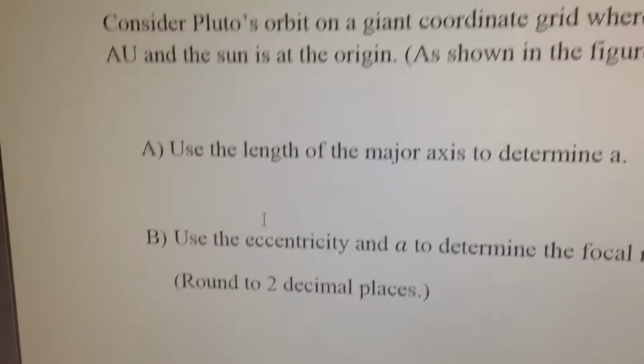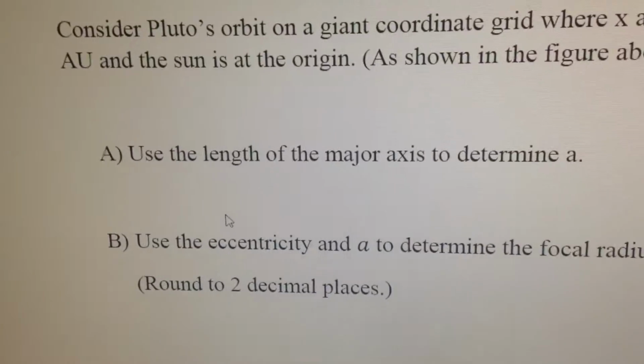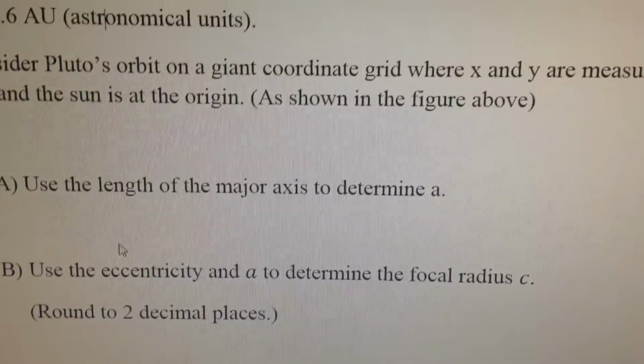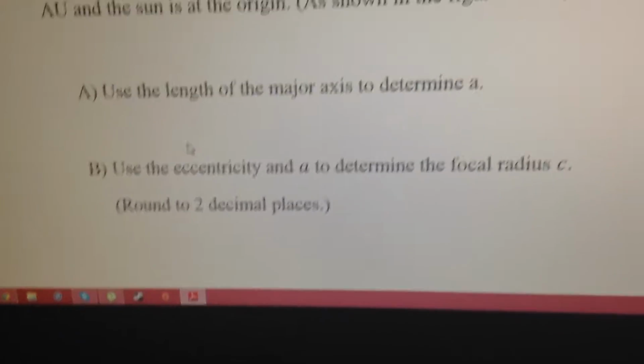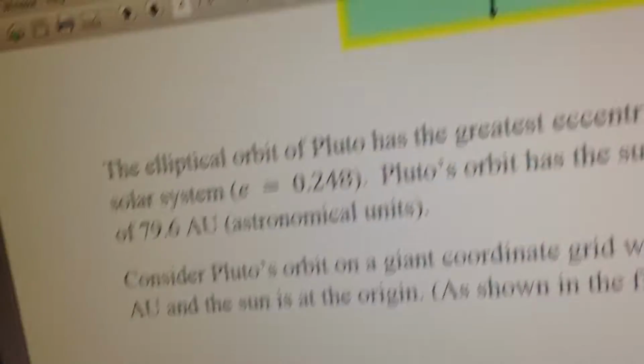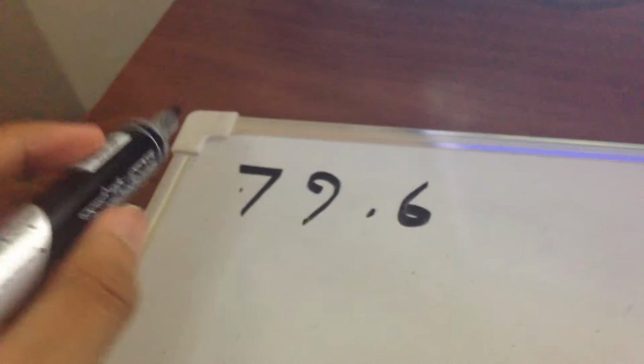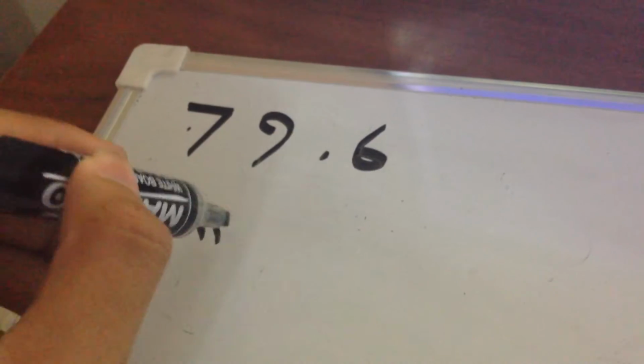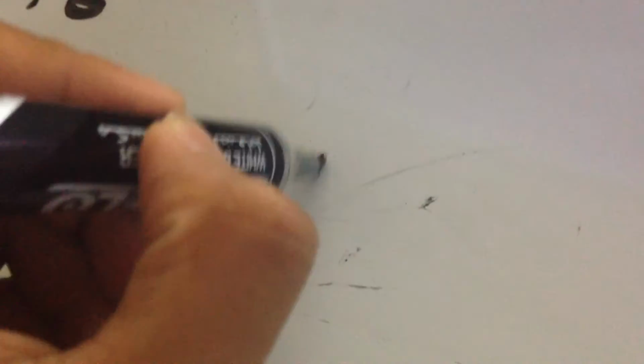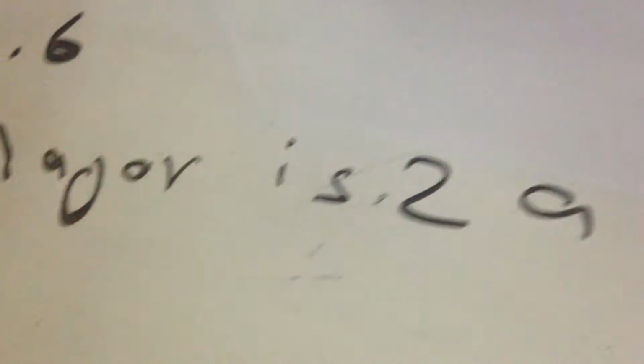Okay, moving to question A. Use the length of the major axis to determine a. They told us that the major axis was 79.6. As we know from the ellipse, the major axis is 2a.